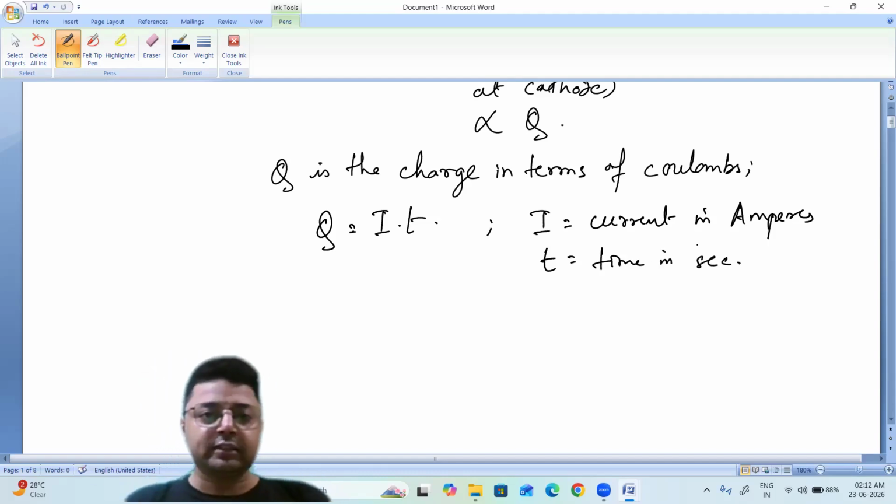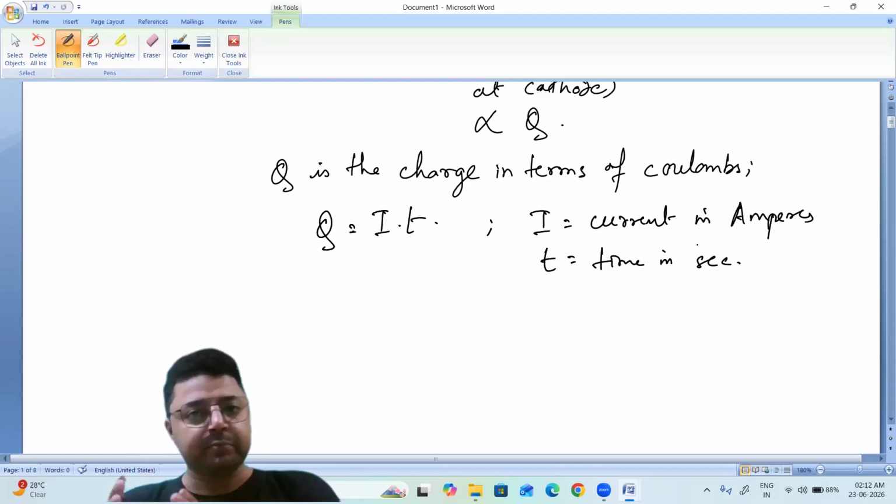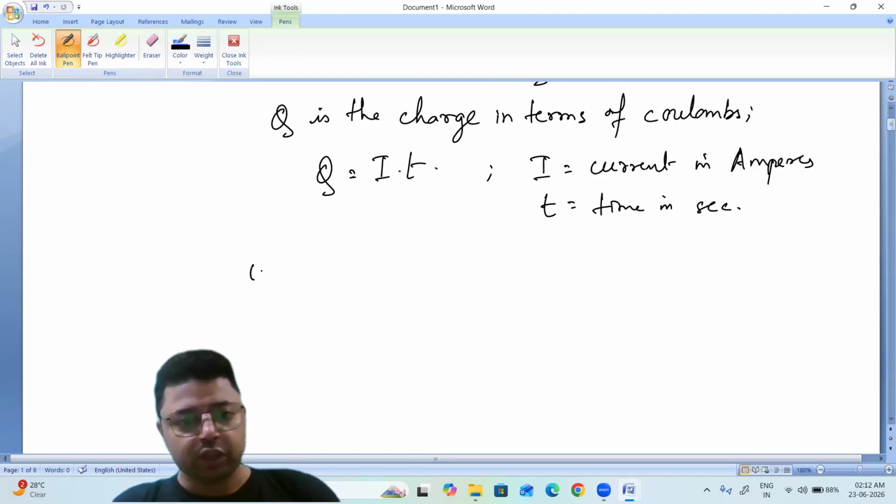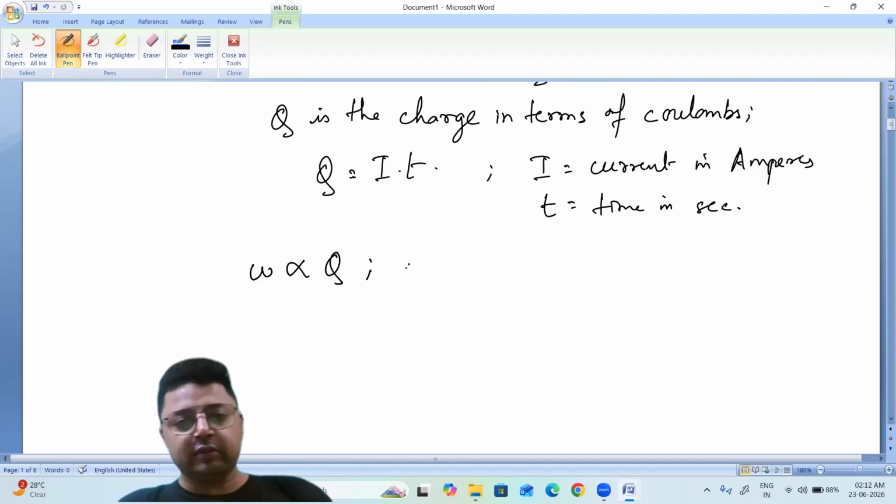So the amount of charge will be directly proportional to the amount of substance getting deposited at the cathode. So this is the first law. W is directly proportional to Q, or W is directly proportional to I times T. And when you remove this proportionality sign, there will be a constant.